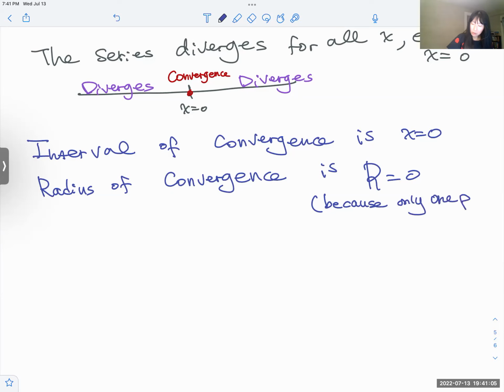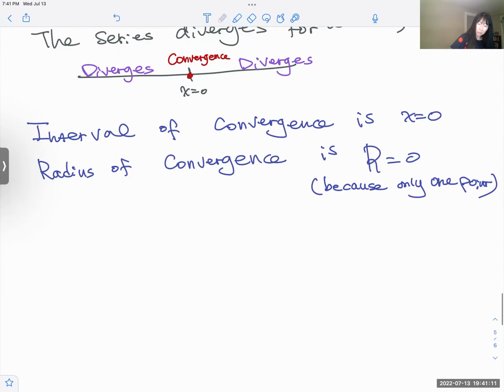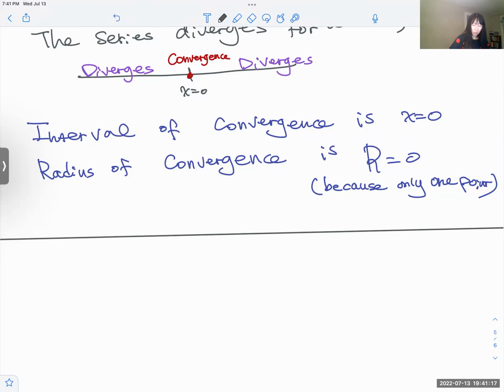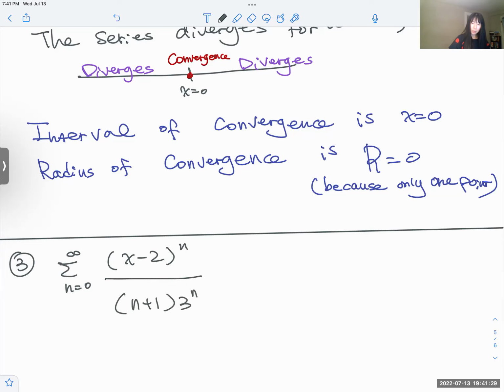Okay? Thanks. All right. Okay, so number 3, we have the series x minus 2 to the n power over n plus 1 times 3 to the n. Okay, so can you see that it is centered at x equal to 2?